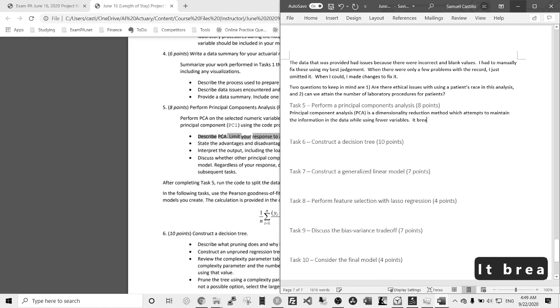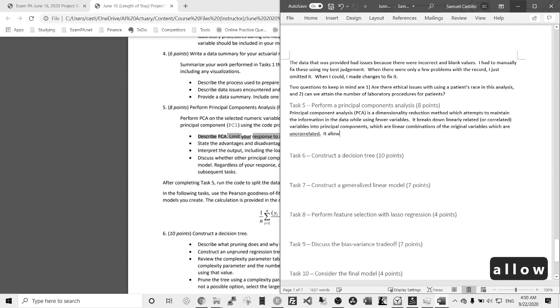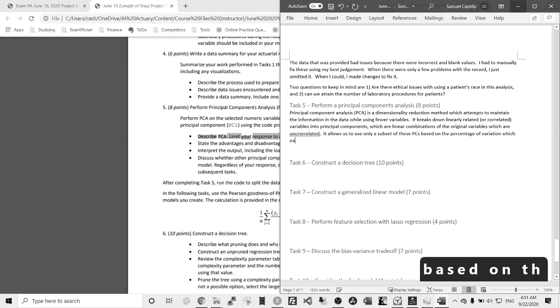It breaks down linearly related or correlated variables into principal components, which are linear combinations of the original variables, which are uncorrelated. It allows us to use only a subset of these PCs based on the percentage of variation which each explains.